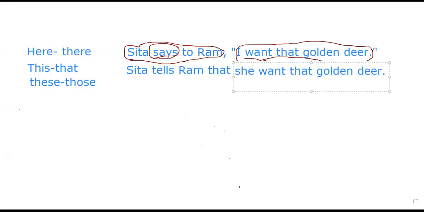Is it clear? Sita tells Ram that she want that golden. Will it be she want or wants? She is singular, so she wants. Okay? So it will be she wants that golden deer.